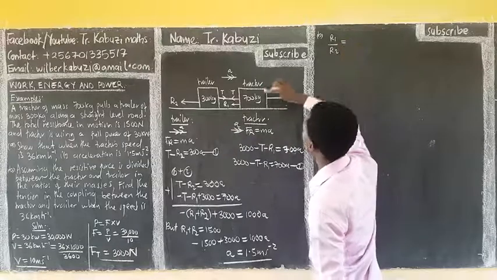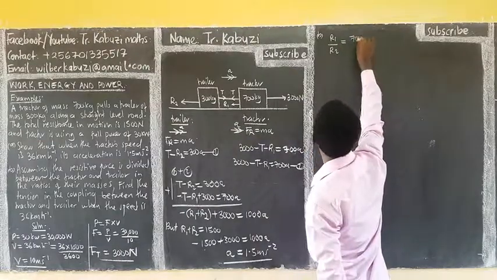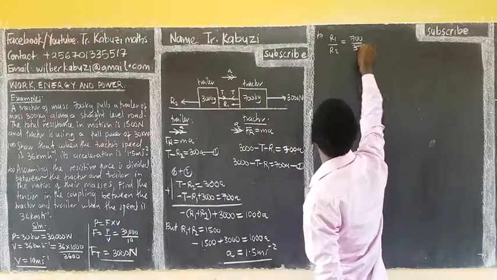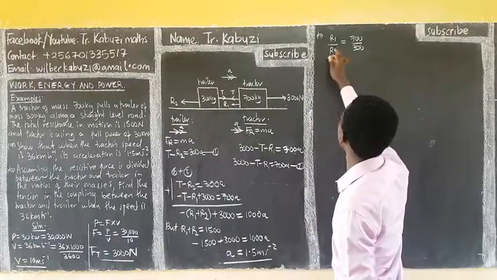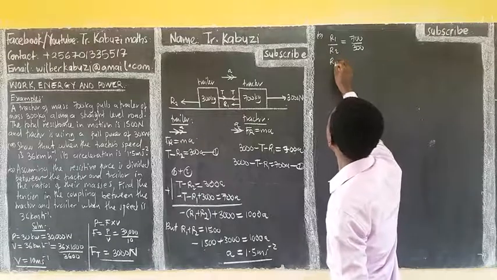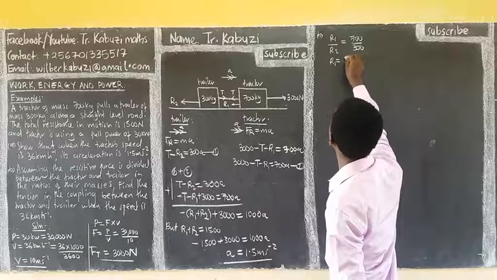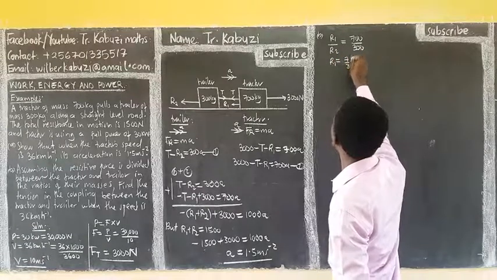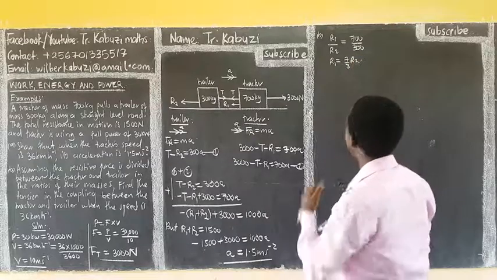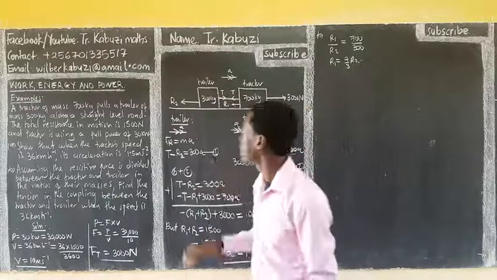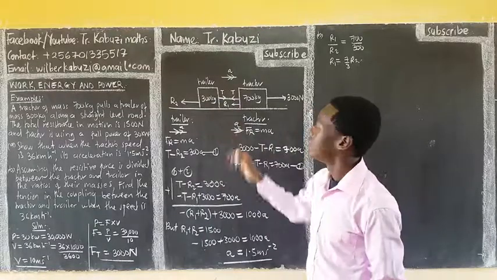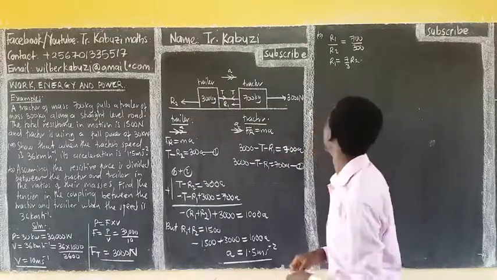So this will be now 700 over 300. And then you can see that from there, my R1 will be equal to 7 over 3 R2. After getting that, it means that now I can get what each of these is facing as its resistance. How?